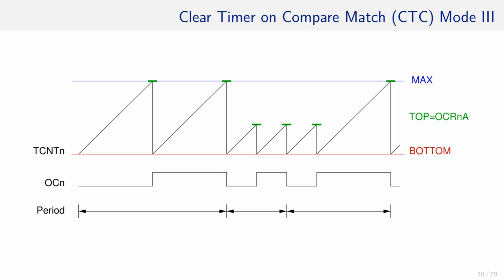So if top is equal to max, the period, that is the entire cycle of the signal from low to high and before it drops again to low, or vice versa, is maximized. A lowering of the top value shortens the period, as you can see here.